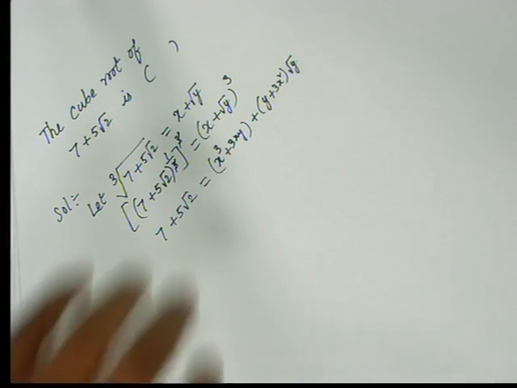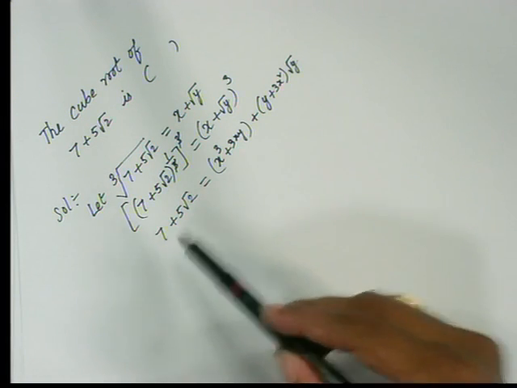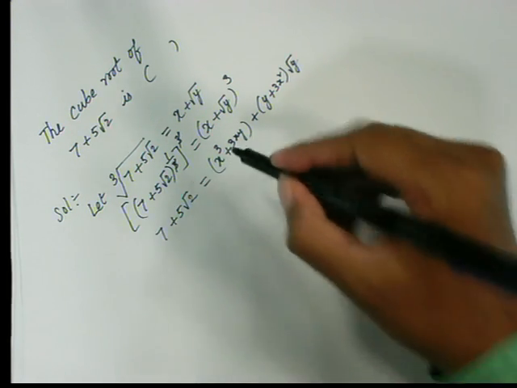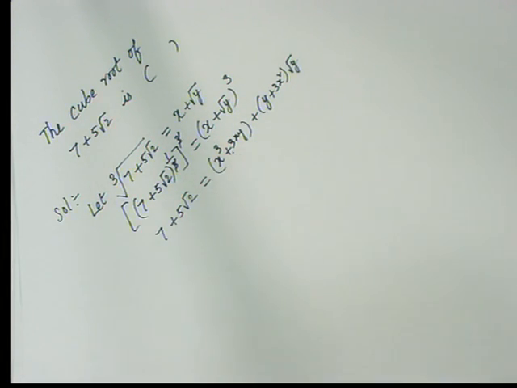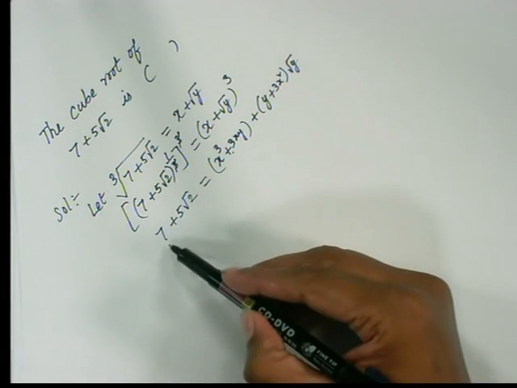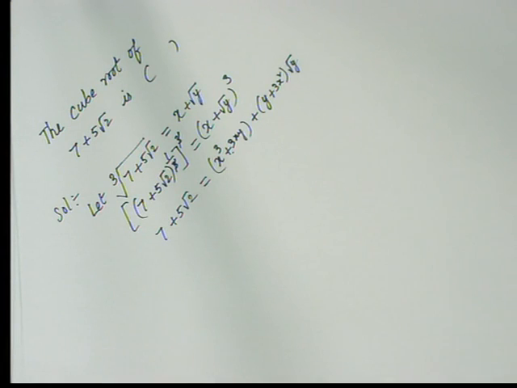Now, this is the left hand side, this is the right hand side. If you observe both sides, this is the rational part, this is the irrational part, this is the rational part, irrational part.